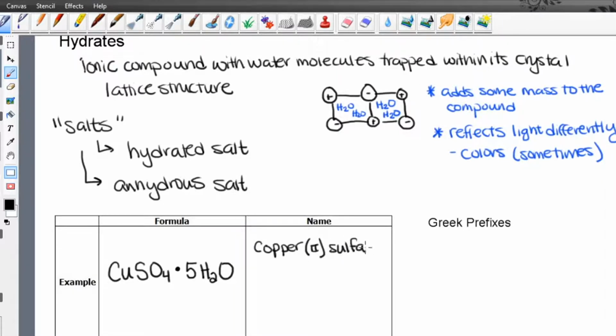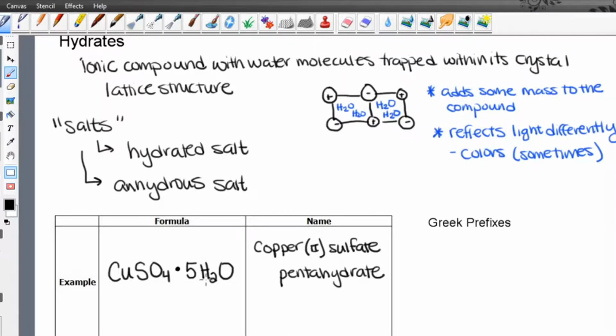And then we're going to continue the name to indicate that there is a hydrate there. We're going to put a prefix for 5. The Greek prefix is penta. And then instead of saying water, we say hydrate. So this is how we write the names for these hydrates. We do the normal ionic name, and then we do a prefix and a hydrate. And for the formula, we do the normal ionic formula with our balanced charges, and then we do a dot and a coefficient for the number of waters.